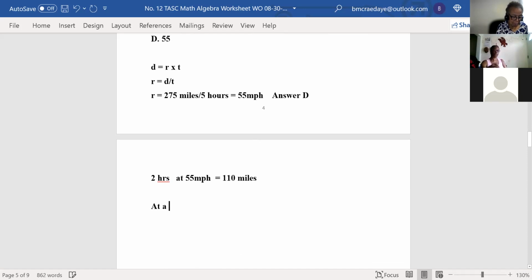At a rate of 75 miles per hour, how long would it take to go 300 miles?